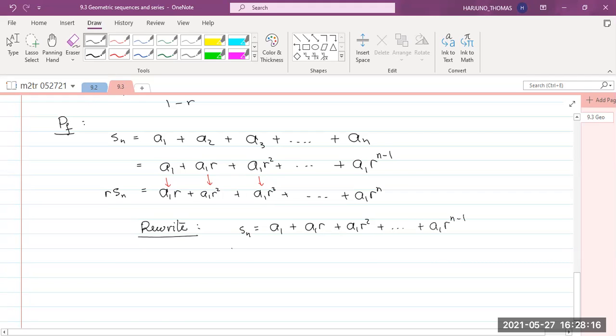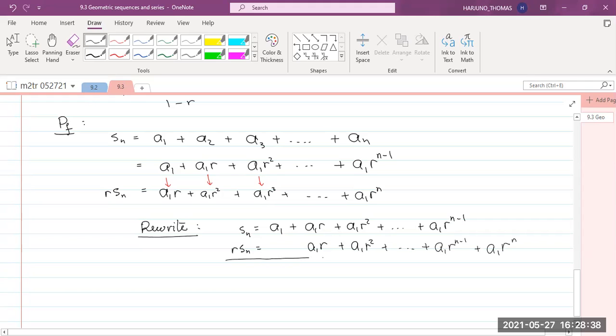While if I multiply by r, that will be the first term times r. Notice where I write it under. So the whole sequence actually shifts one place to the right.